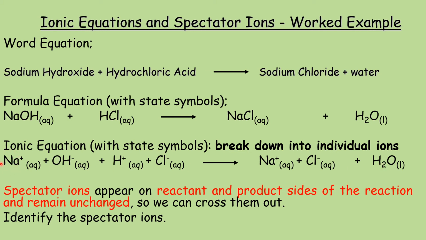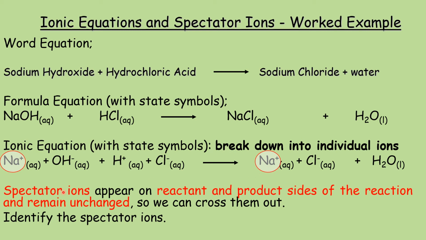If we have a look at this whole line on the screen, what we're looking for is anything that appears on both sides completely unchanged, exactly the same. So the first example is the sodium ion. You can see the sodium ion here is Na plus Aq, and over here is Na plus Aq. That means that this ion here or this ion here, they are both examples of a spectator ion.